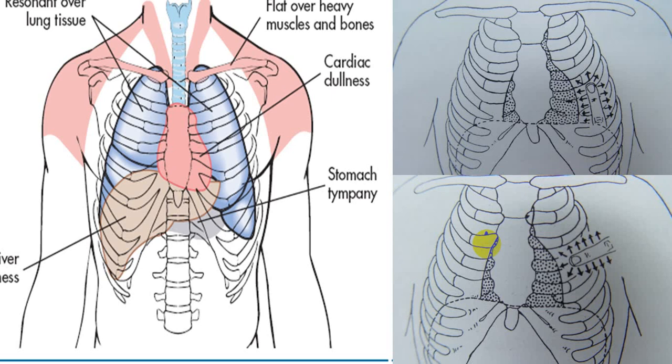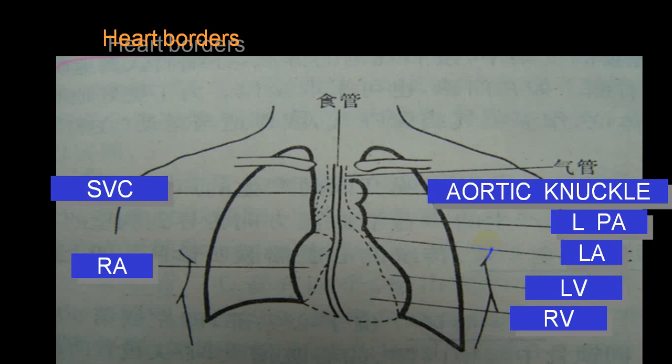While in case of massive pericardial effusion, the apical impulse will be very difficult to locate. It will be increased area of dullness, but apical impulse will not be locatable. And when you do a percussion, because of the presence of large quantity of fluid, it gives rise to stony dull. So do remember this too. It will be very commonly asked to you in your oral.